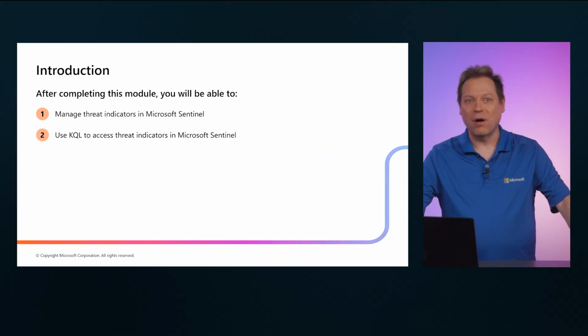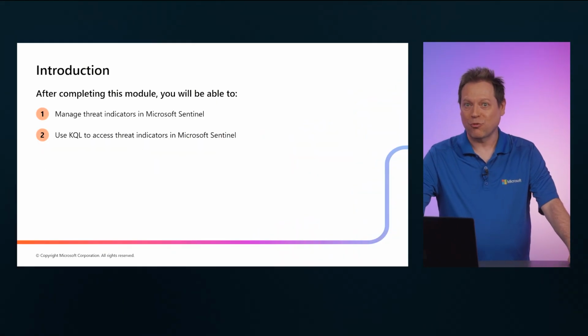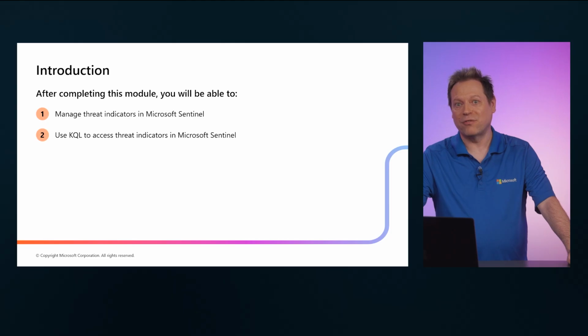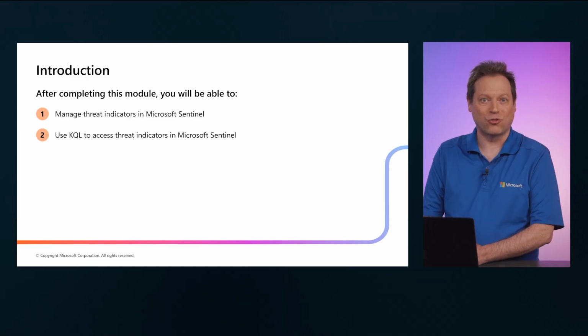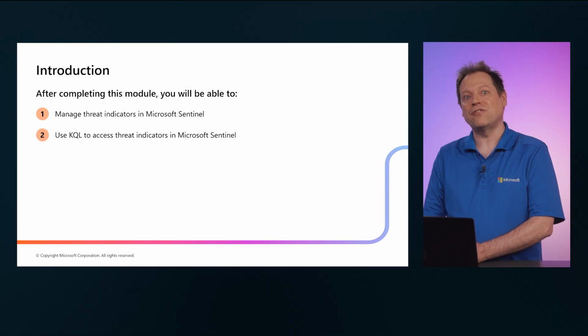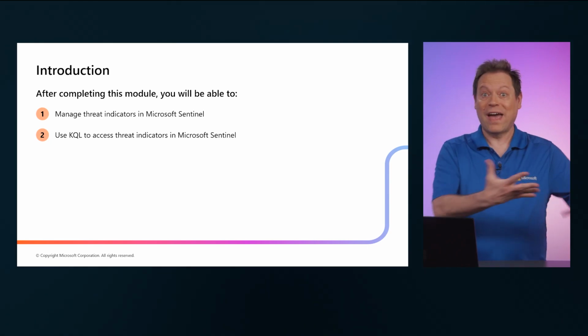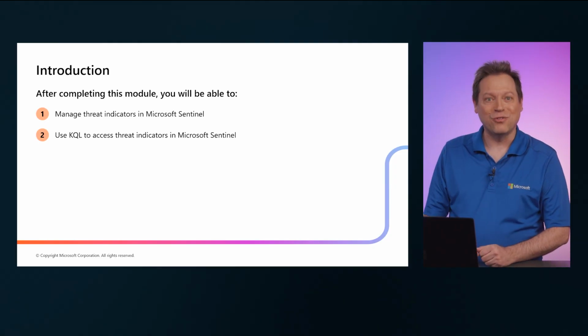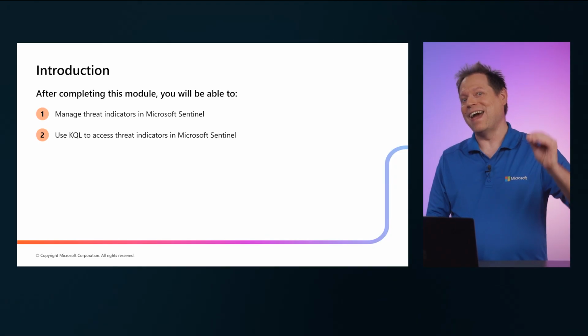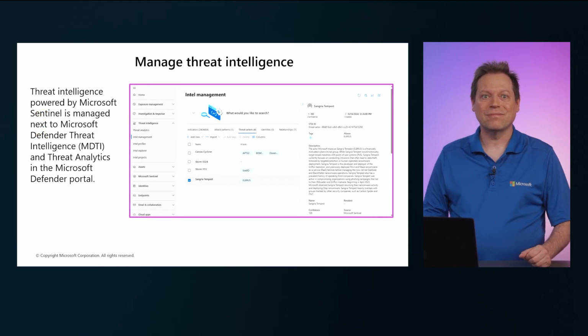After completing this module, you'll be able to manage threat indicators in Microsoft Sentinel, and you'll be able to use KQL to access those threat indicators. This bridges the gap between "we have indicators" and "we can actively use indicators to hunt and detect."